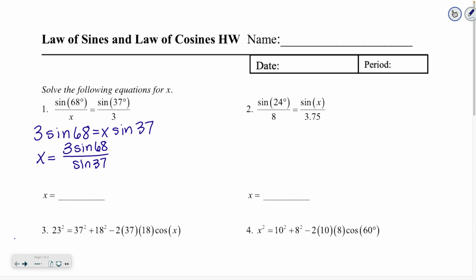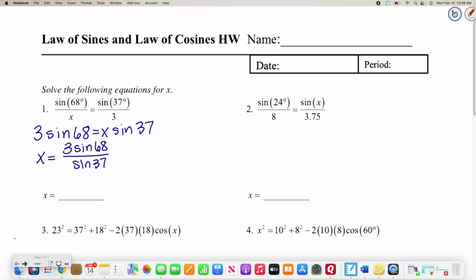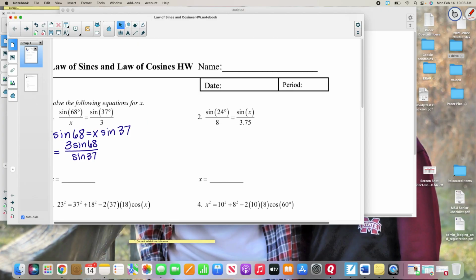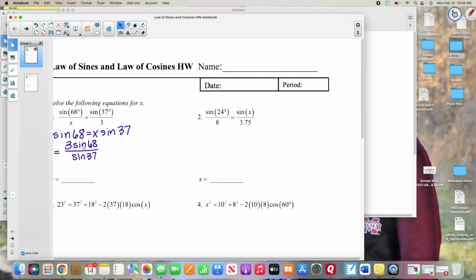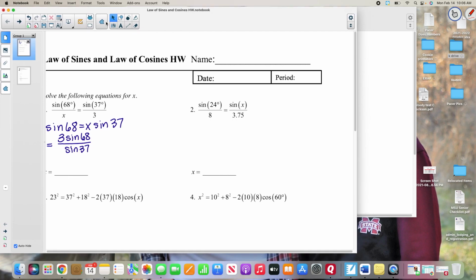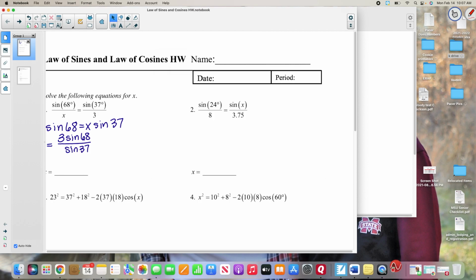In my calculator, I would hit Control Divide. We're using regular sine, so you're not using inverse for any of this problem.